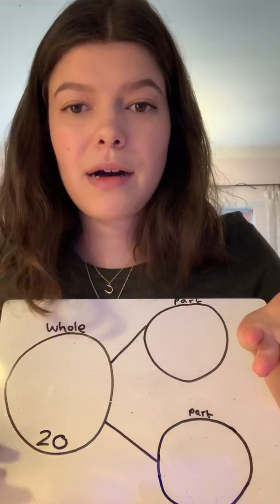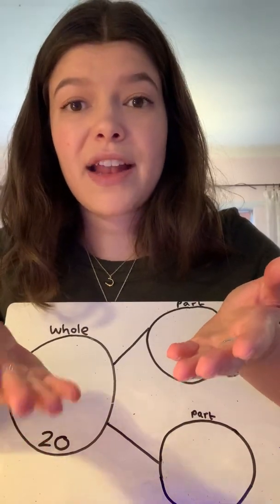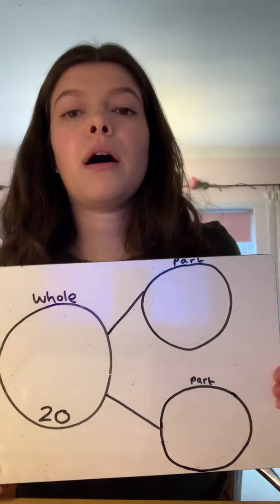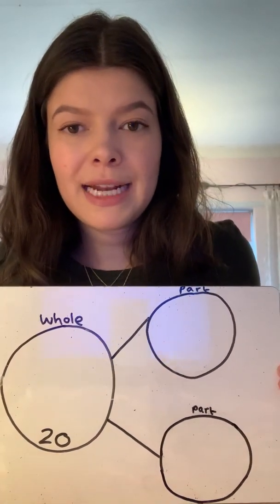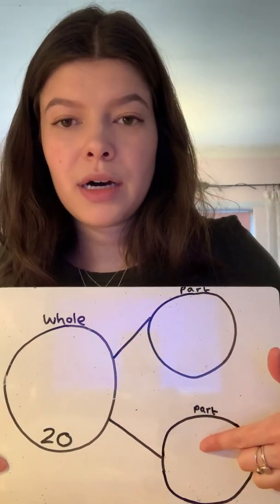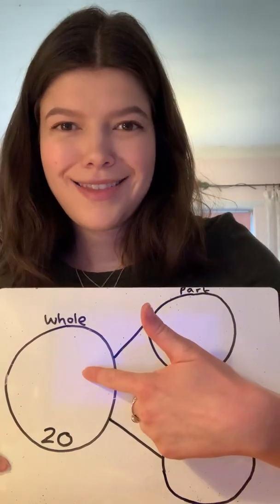And then I've got my parts. So the whole, I'm going to split into two parts, okay? And then I know that those two parts, when I put them together, they make the whole, okay? That's what's really great about using the part-part-whole model. It makes that really clear. So we start with the whole, we split the whole into two parts, and when we put those two parts together, they make the whole.